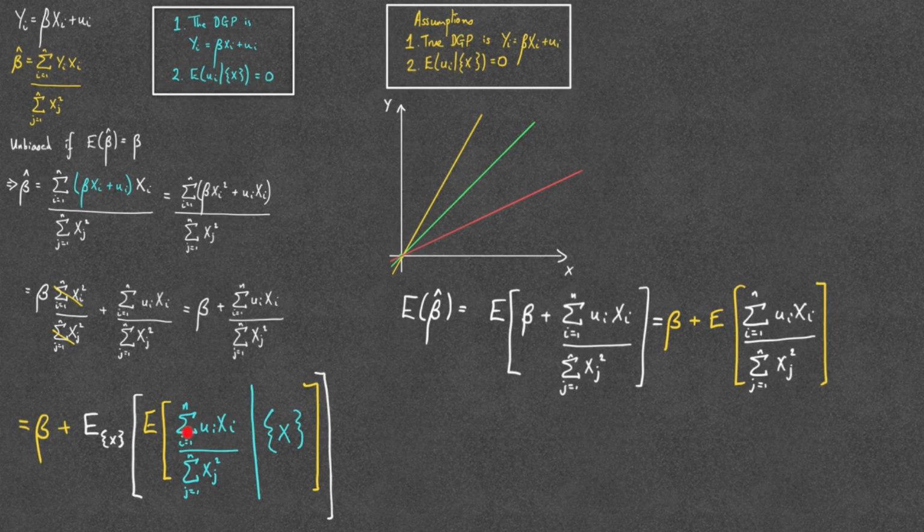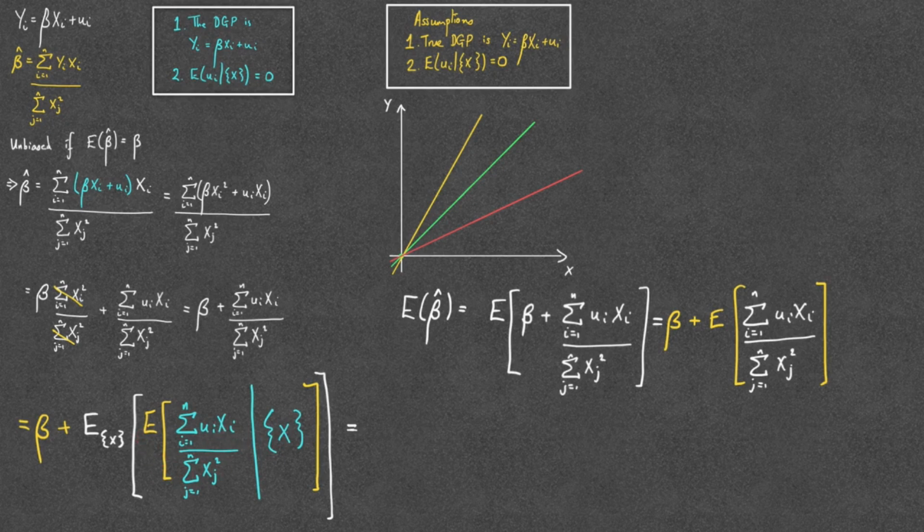Now, in this summation, we've effectively got every observation of u multiplied by xi divided by the sum of the x squareds. And given that we're thinking only about a particular set of x's, we can treat those as effectively constant multipliers of the u, and we can take them outside of the conditional expectation.